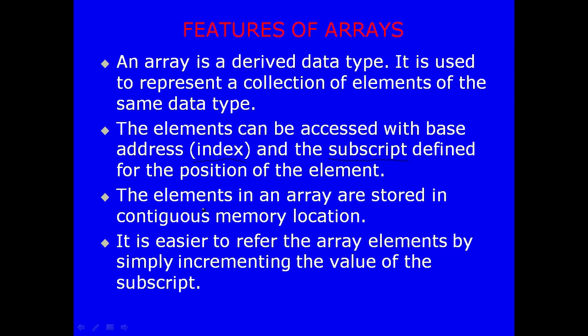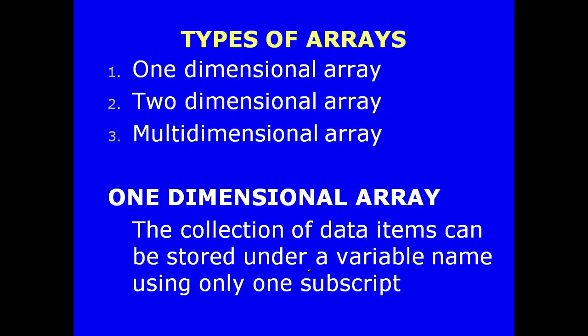The elements in an array are stored in continuous memory locations. It is easy to refer to the array elements by simply incrementing the value of the subscript. There are three types of array: one-dimensional array, two-dimensional array, and multi-dimensional array.